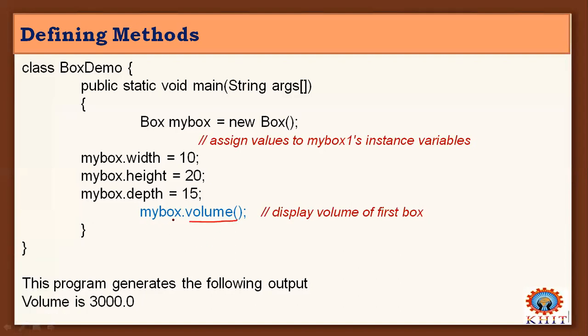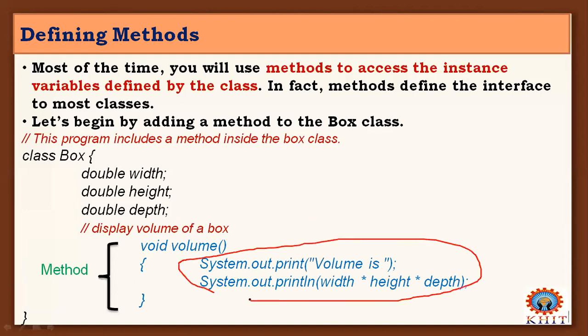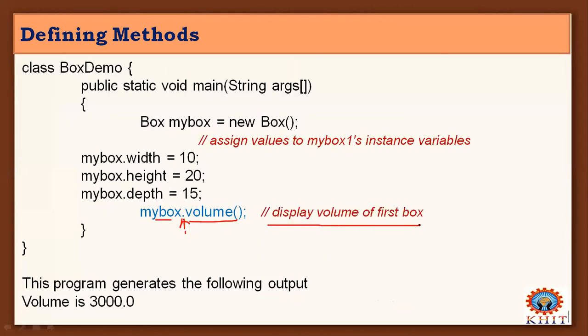Here myBox is an object of the box class, and using the dot operator we can call the method of a class through the object of the class. It calls this volume method and executes these two statements, which display the volume of the box. Understood? When it executes, the output of this program is like this.